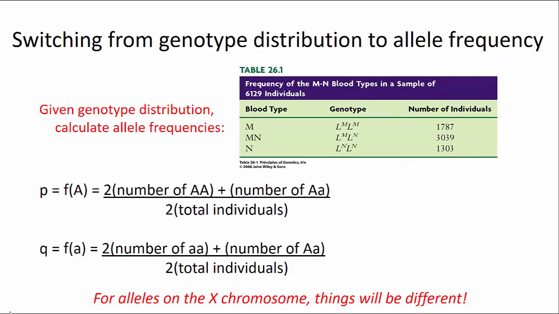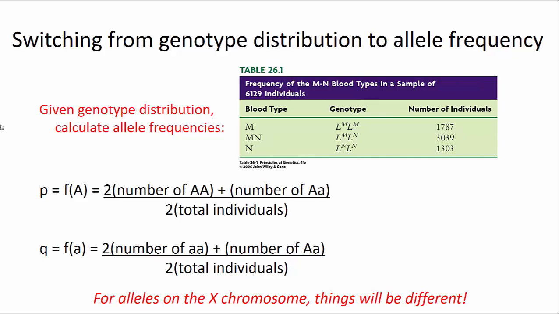In some cases, you may find a bit more complex information. In this example, you are given the number of individuals who have a particular genotype. This example is looking at the MN blood antigen. There are 2 alleles of this gene, L^M and L^N, and there are 3 different genotypes present. In this case, you're going to use a formula to count up the total number of each allele and divide it by the total number of alleles in that population.